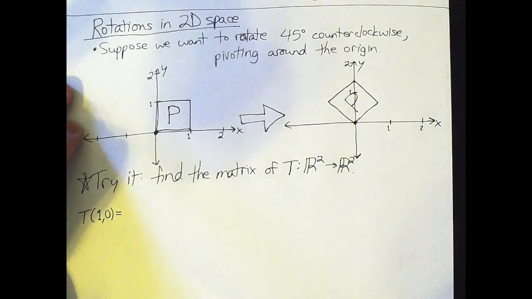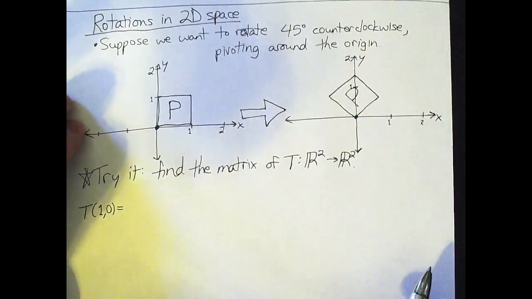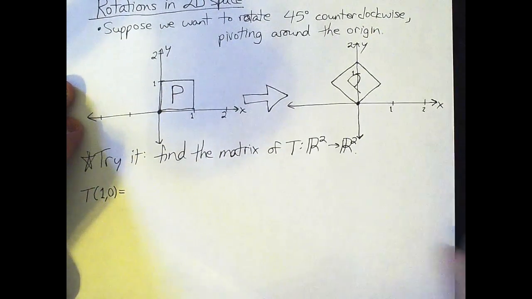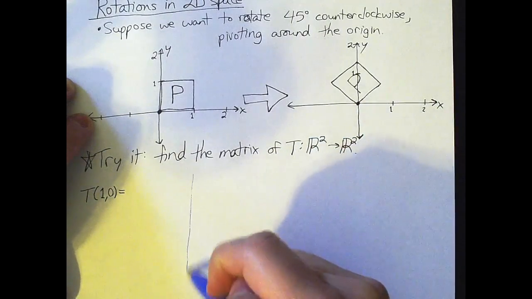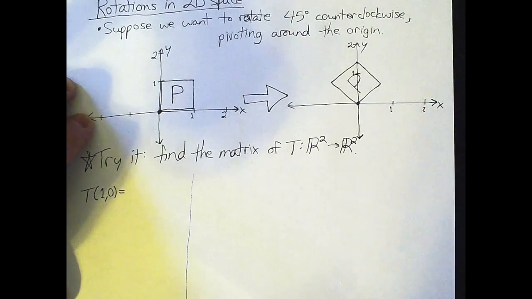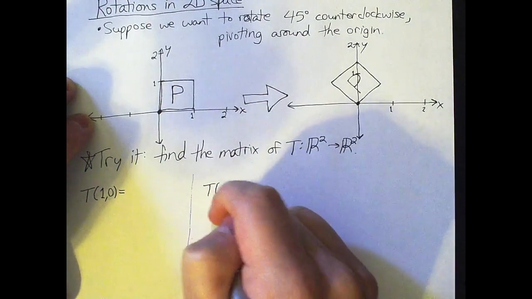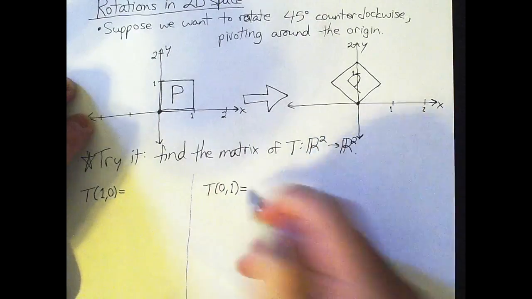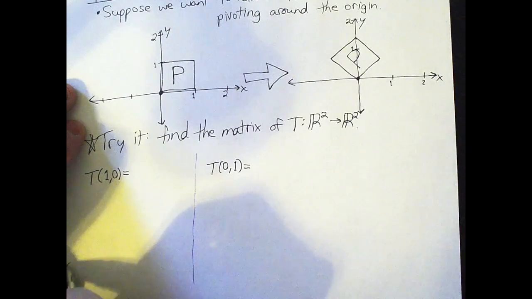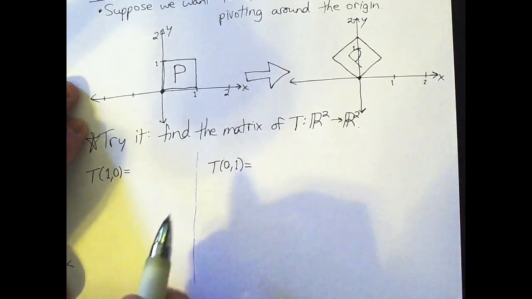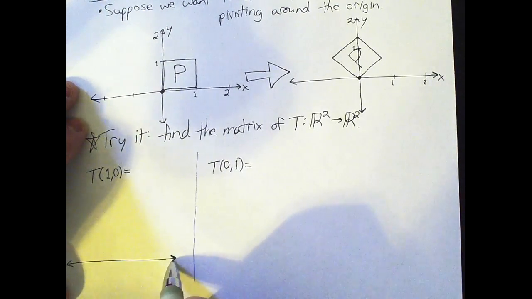Okay, we need to find out what it does to each of the basis elements. So here's what I'll do. I'll separate this off. First, we'll talk about what it should do to 1, 0, and then we'll talk about what it should do to 0, 1. Here, I'll draw a quick picture of this.